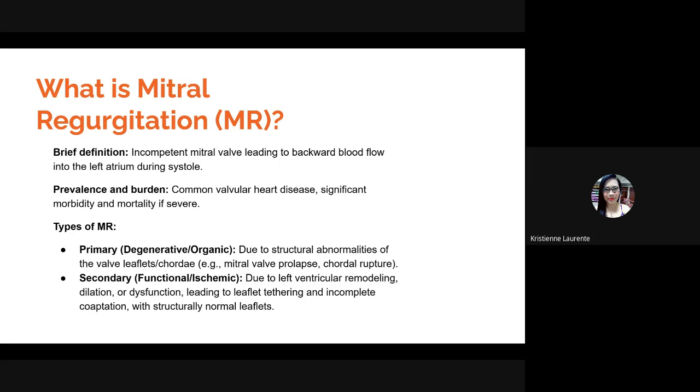For many years, the gold standard of treating severe MR has been open heart surgery, either repairing the valve or replacing the valve itself. While highly effective, surgeries carry significant risk, especially for our elderly.